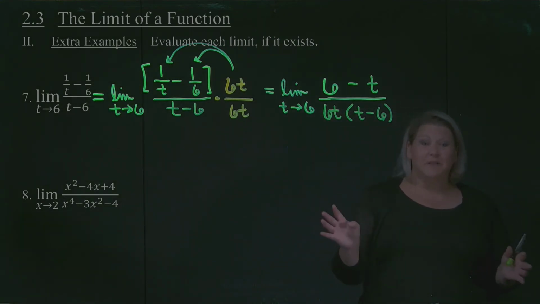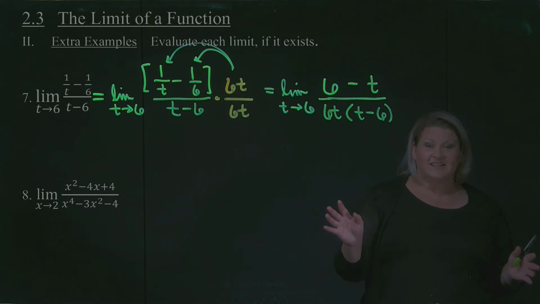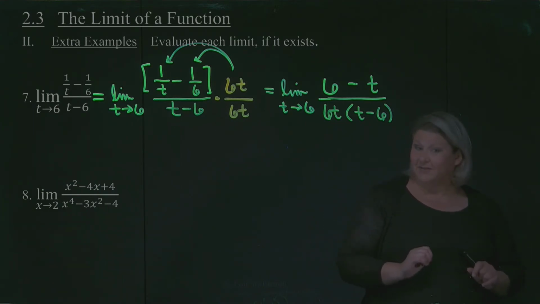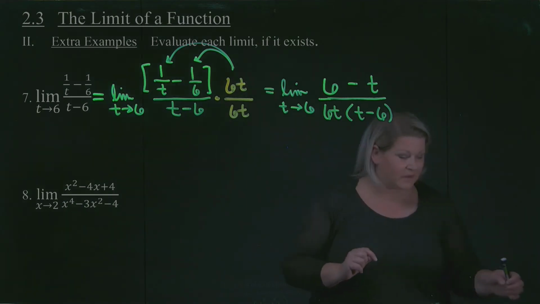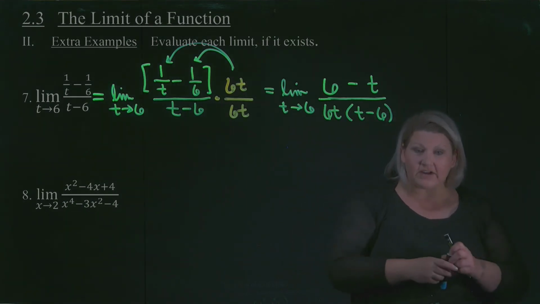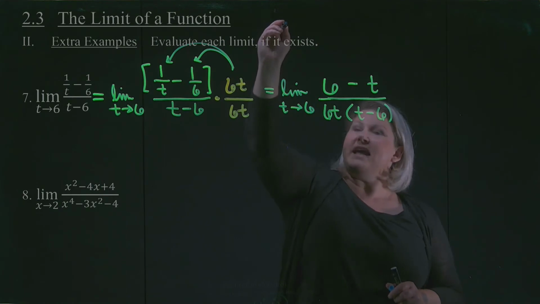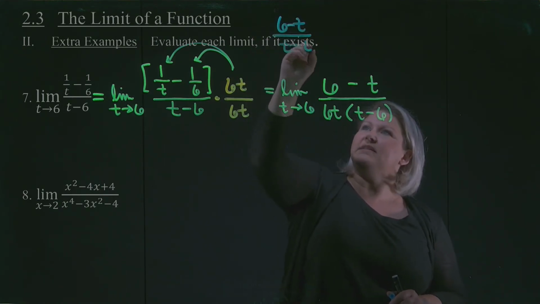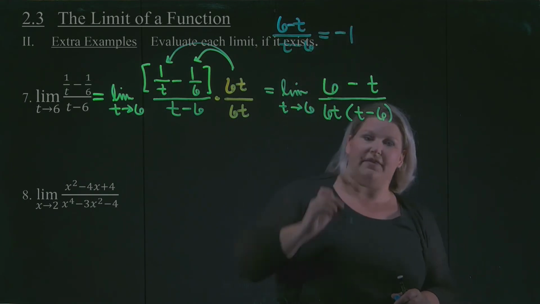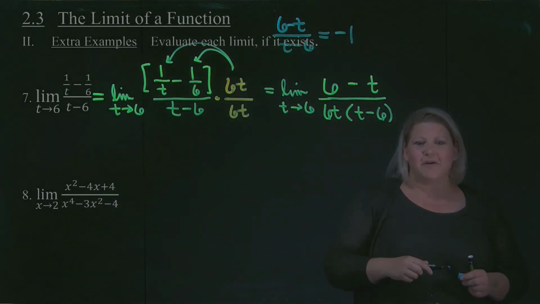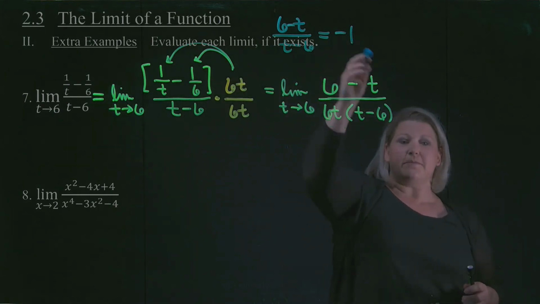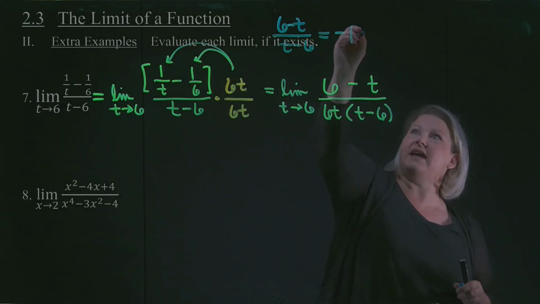Notice once we've simplified it, after multiplying what we have, it looks like we have something we can cancel, but be cautious. Keep in mind, if I have something like 6 minus t over t minus 6, they do cancel each other, but they cancel each other with a -1.